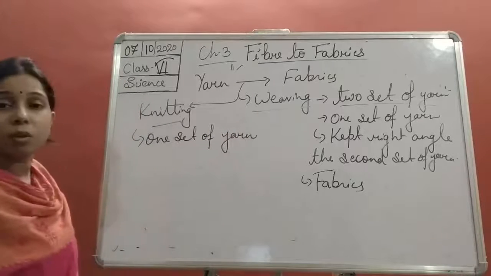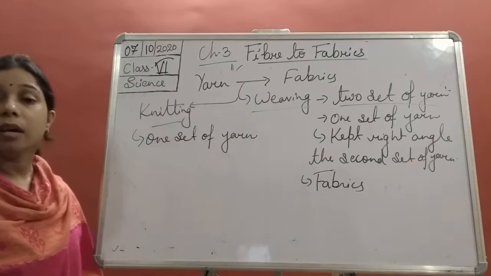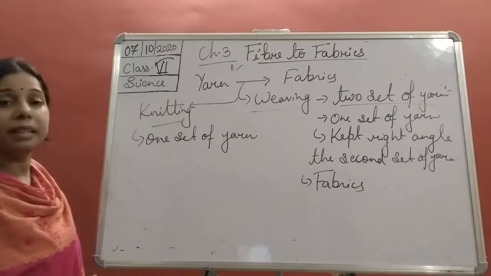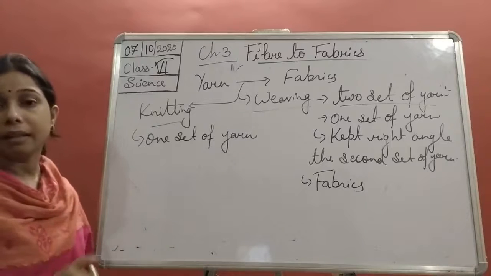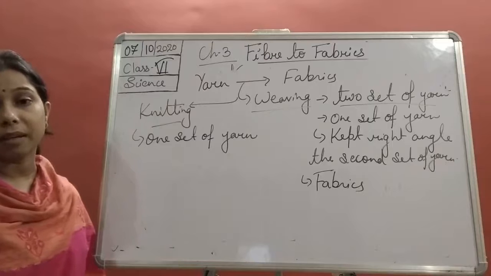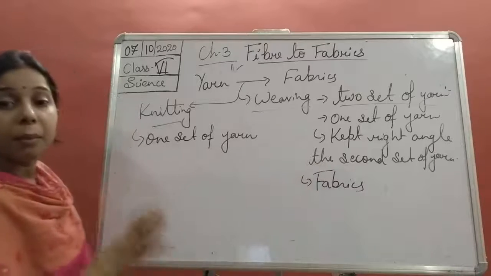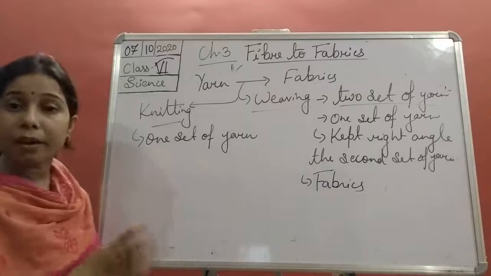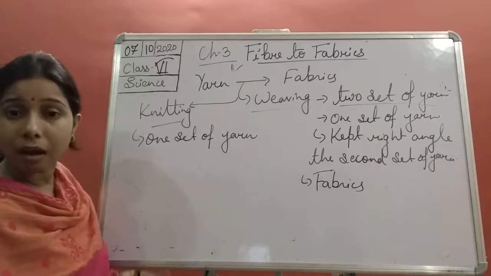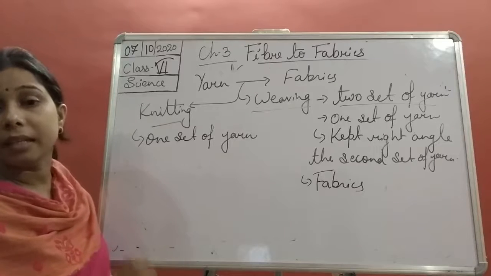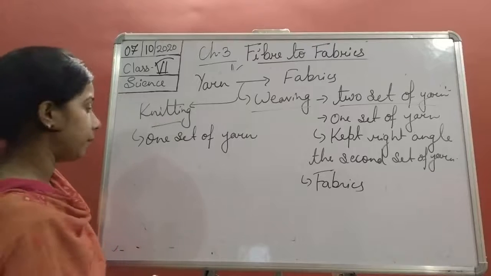This one set of yarn, with the help of the knitting needle or the knitting machine, will be woven together and thus the formation of the fabric can occur. Here the interloping, the interlocking of the yarn occurs with the help of the knitting needle and finally helps in forming a fabric.